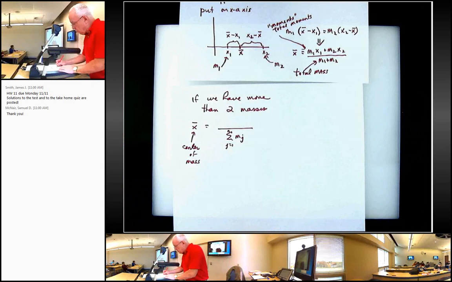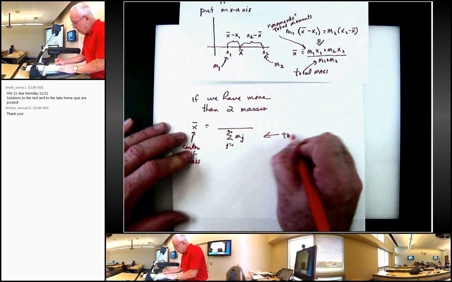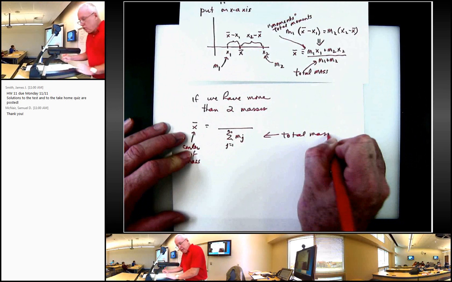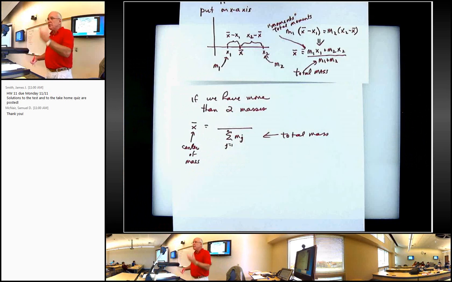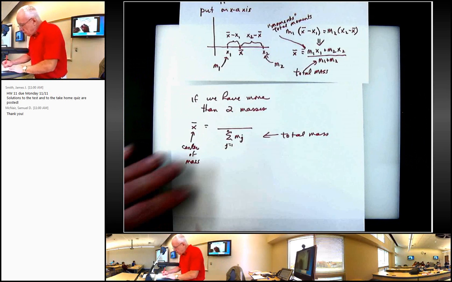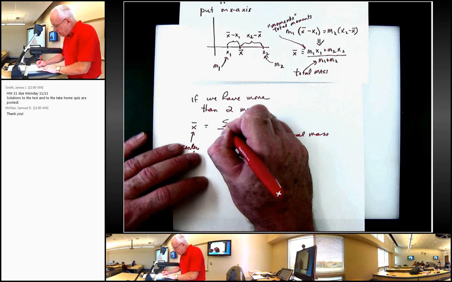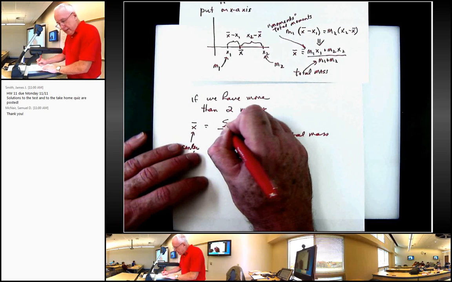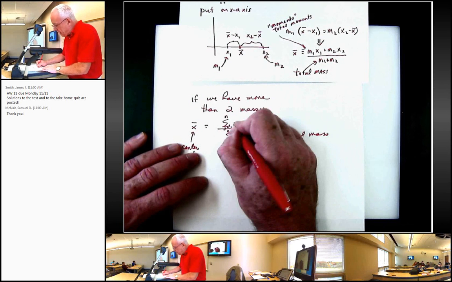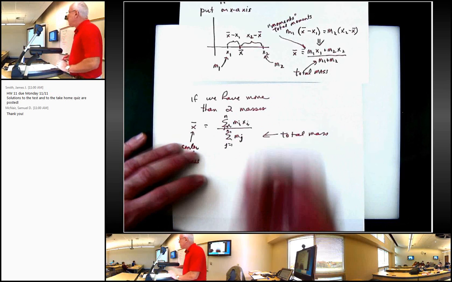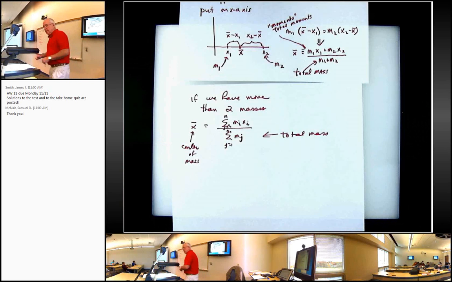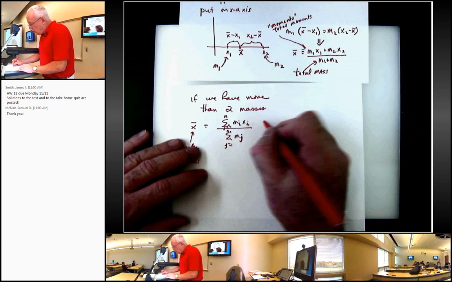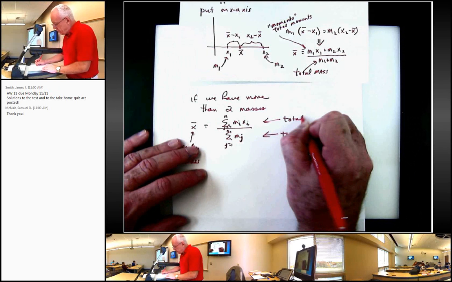So this is total mass. And in the numerator, we're summing up the masses times their distance. So another summation from j equals 1 to n of each mass times its distance, m_i x_i. And this would be the total moments.